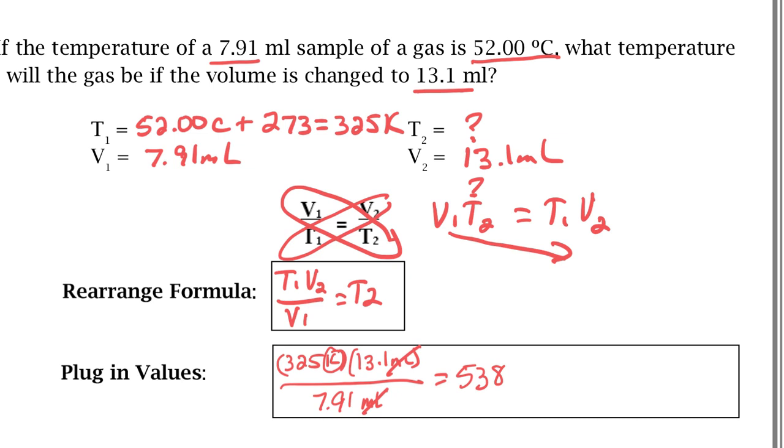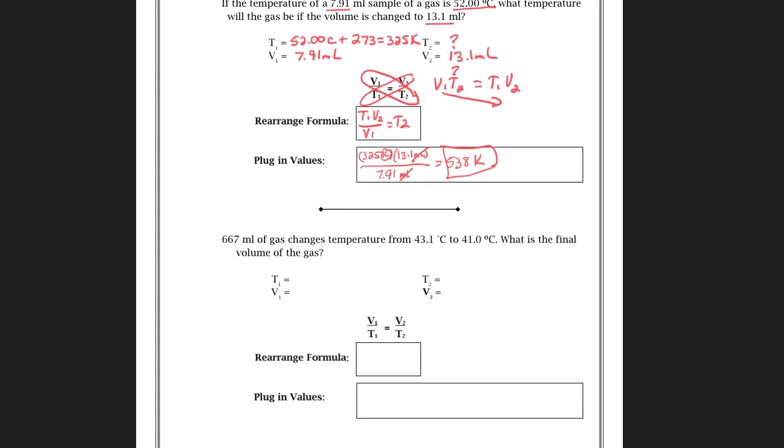You don't take it after you've added the 273. You're going to go to the original number, and that's where you're counting your significant figures. Just be aware of that. That's why a lot of times I'll just underline the numbers in my problem so I remember to go back and look at those for my significant figures. So we have 3 significant figures, and that's what we need. So there's our answer.